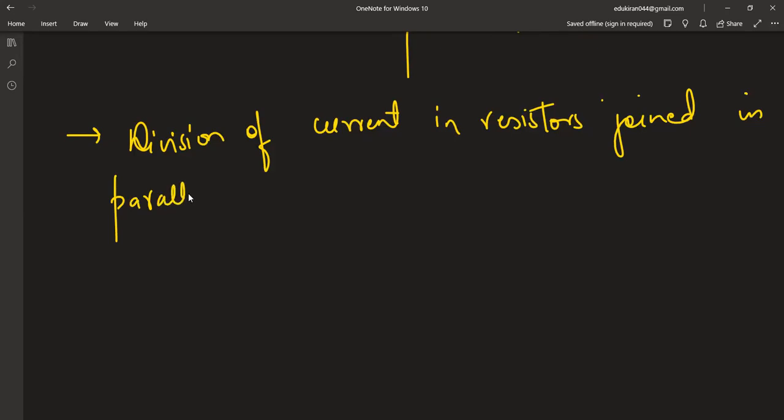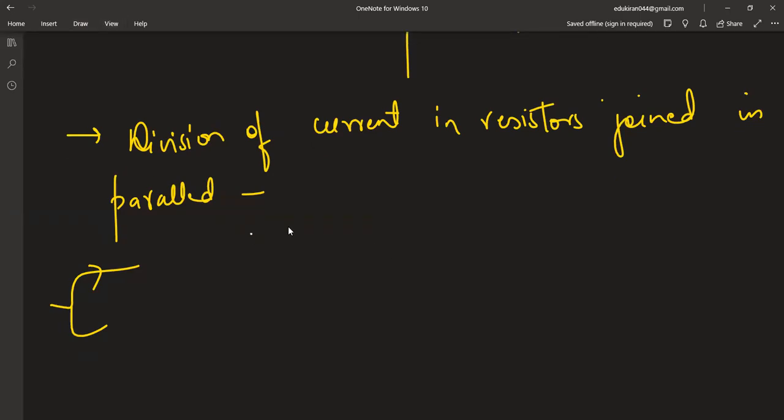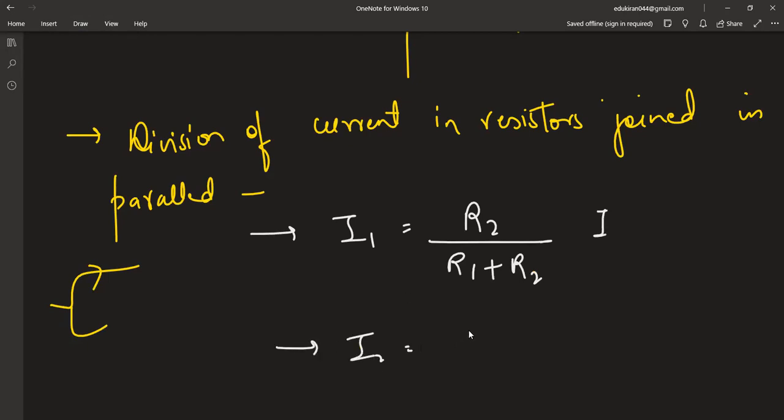If they are joined in parallel and you want to find the current in one particular branch, for the first current I1, this will be R2 by R1 plus R2 into the total current. For the second current I2, this will be R1 by R1 plus R2 into the main current I. This is also helpful.